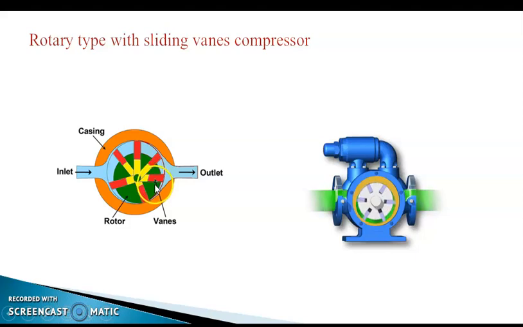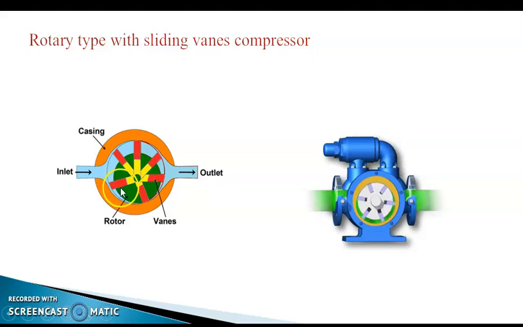As the volume increases, the pressure drops, and the low pressure, low temperature vapor refrigerant is sucked from the evaporator into the cylinder.